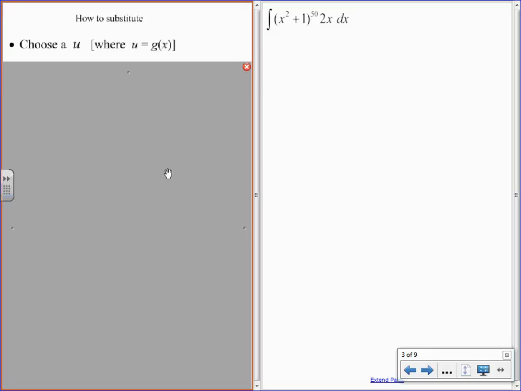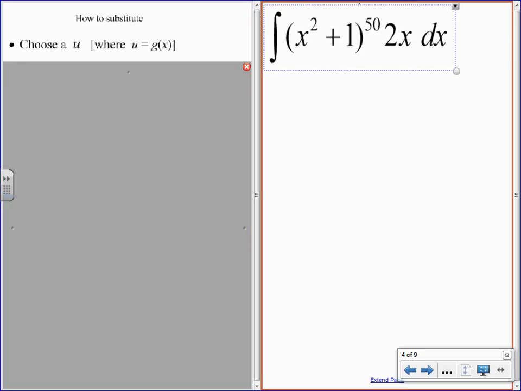Okay. So go ahead and write down the problem. I'll make it a little bit bigger since we're doing this style. Okay, so the first thing we're going to do is choose a U. And remember when we use substitution, my suggestion was the inside of the composition.